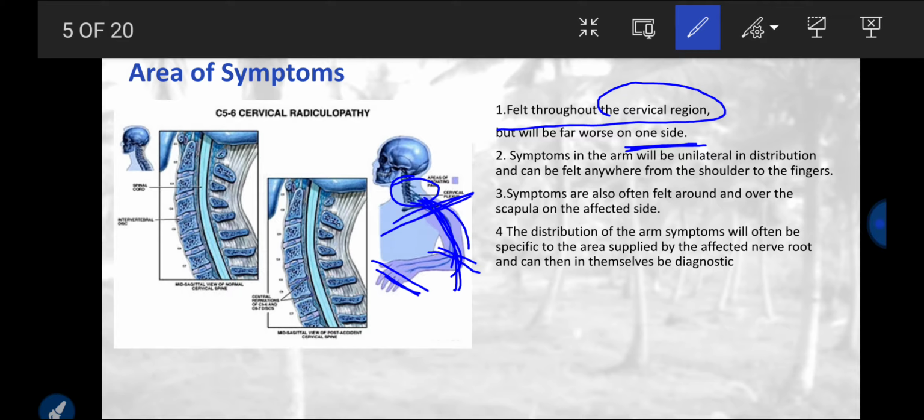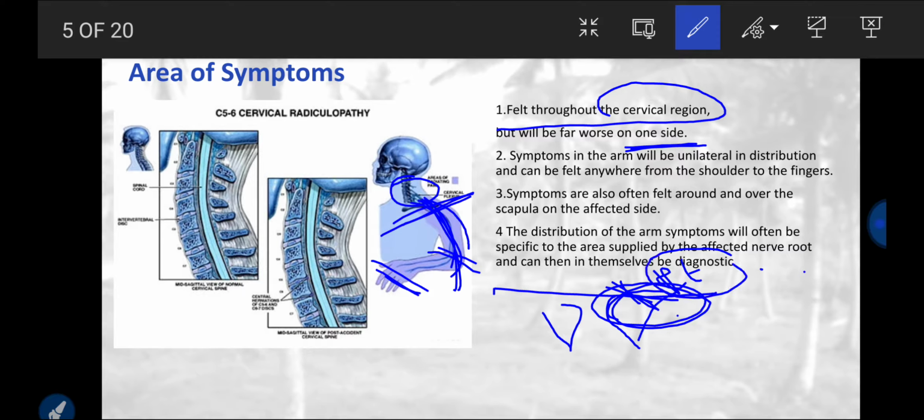So if the right side is affected, then this whole posterior part of the scapula shows the symptoms. The distribution of arm symptoms will often be specific to the area supplied by the affected nerve root, the dermatome.